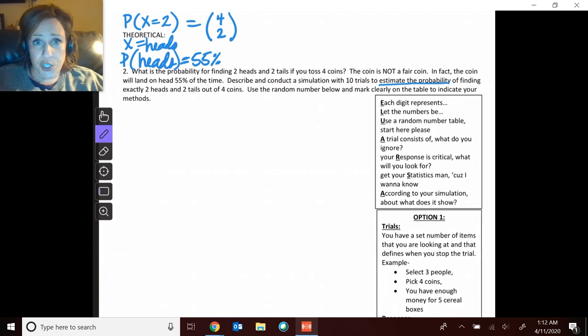So 4 choose 2, and then we have the successes, and 55% of the time we will get heads, and I want 2 of those to be heads, okay? Which would mean 45% of the time we would get tails, and if you have 2 heads, then we're going to have 2 tails, okay?